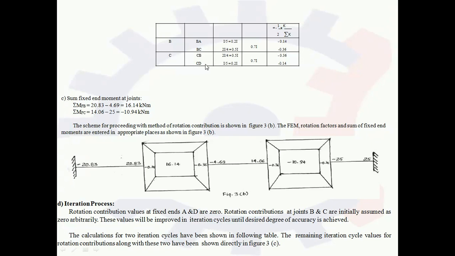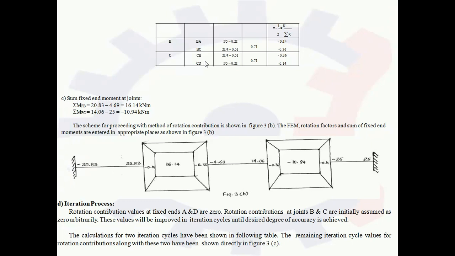Joint C has two members, CB and CD. For CB, if we look towards joint B, B is the far end, and the far end is continuous. So the relative stiffness of CB is I by L again. The I of that CB member is 2I, so it is 2I divided by 4, the length of that member.